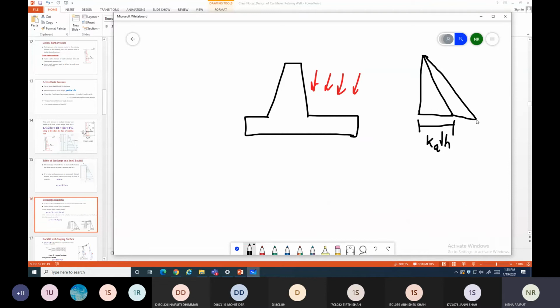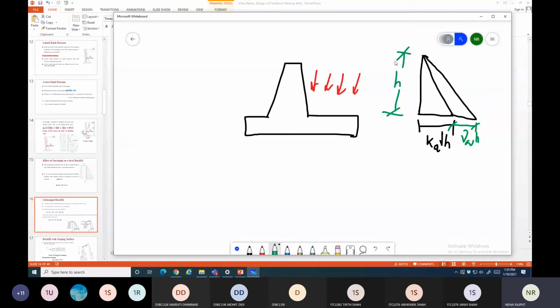This additional diagram is the diagram for the saturated soil, and the pressure value is the unit weight of water into height, where h is the height of the stem.